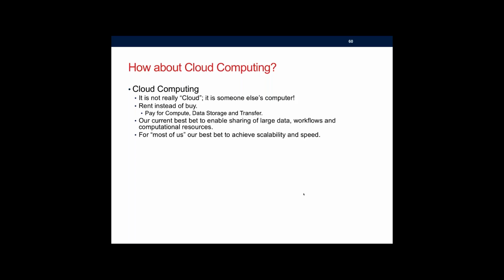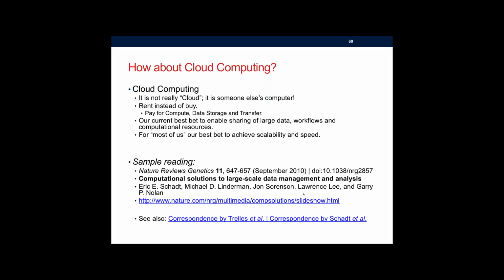They even offer instances with GPUs, and Microsoft has also started offering instances with GPUs. I will just point you to one of the review papers that I used to give as a reading assignment to my students, from Nature Reviews Genetics, even though I don't really agree with everything that's said there.